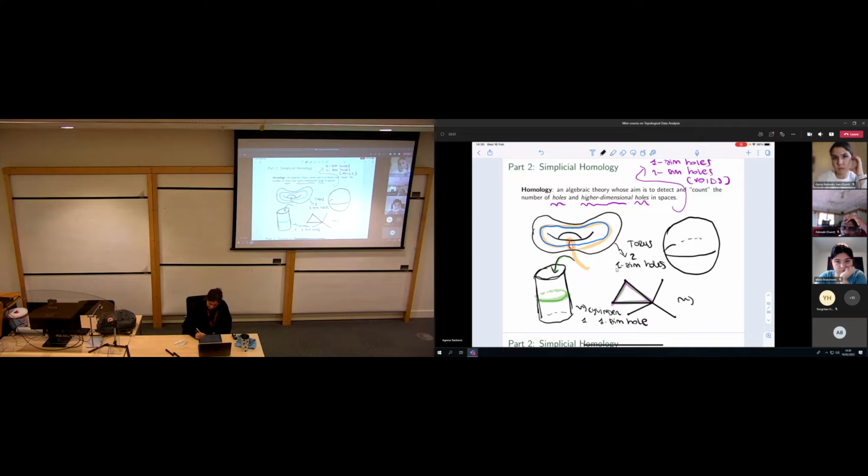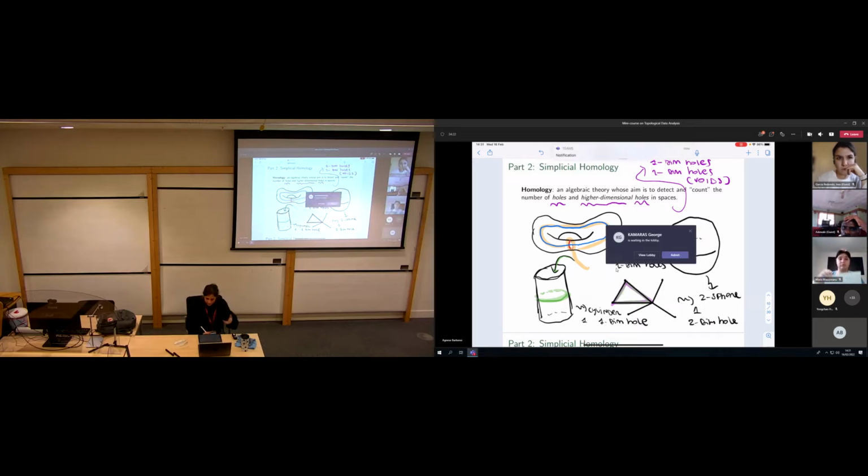And if I'm talking about a two-sphere, the surface of a ball, I want homology to detect that this has no one-dimensional holes, but has a unique two-dimensional hole or void. I hope that intuitively you agree that these statements are true. So we want to define an algebraic theory that tells us this kind of stuff.